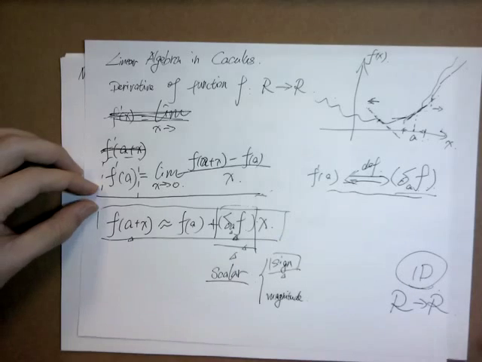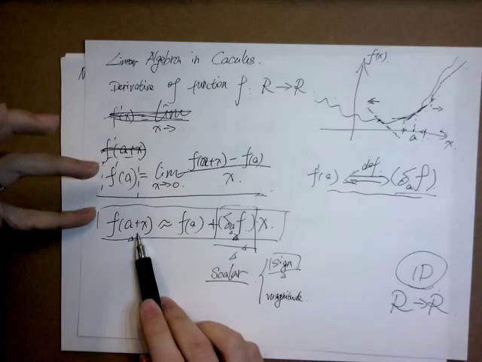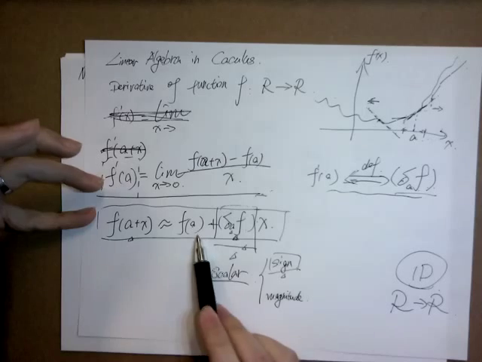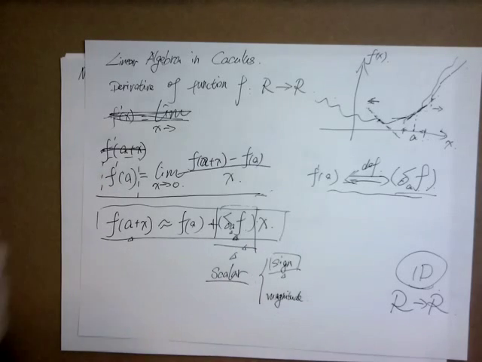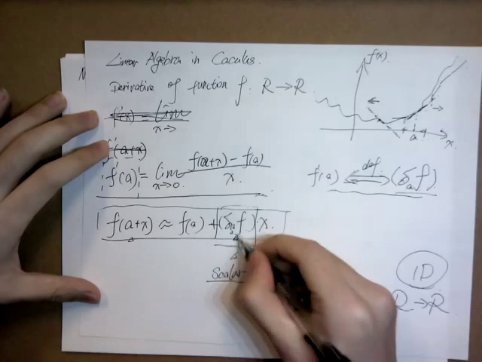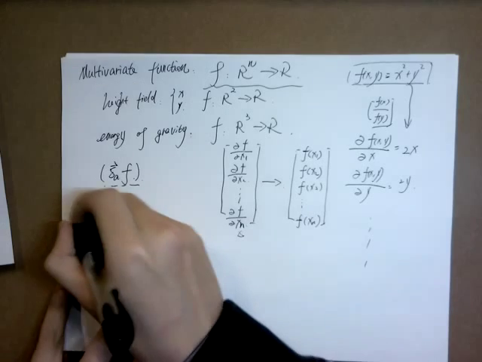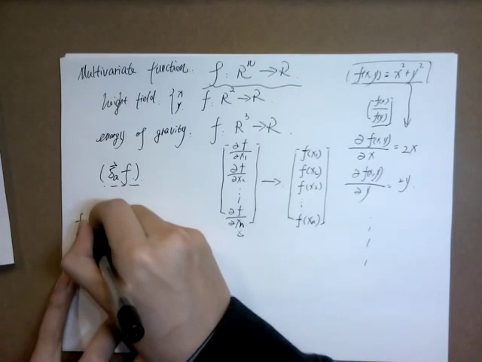because in 1D, as interpreted in the calculus way, a function near point A can be seen as a linear function, and the slope of the linear function is the total derivative of f. So I'm just going to copy it down to here.